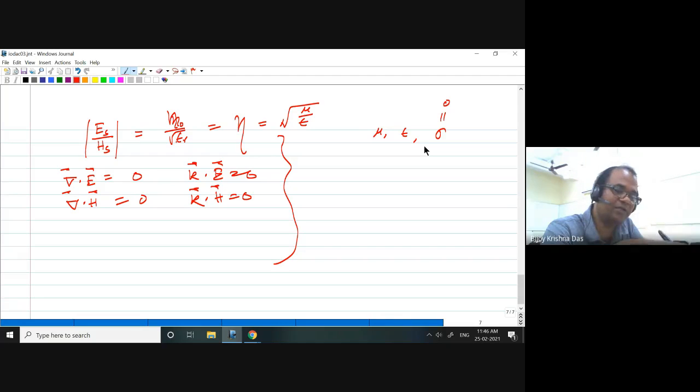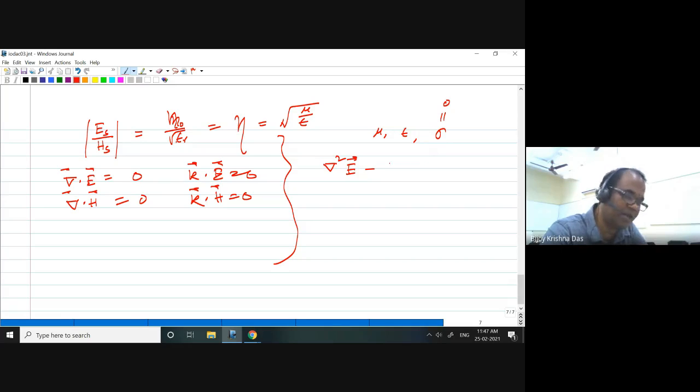In that case, when sigma is there, the medium is called a lossy medium. Some loss and an attenuation factor will be there. If you consider sigma, epsilon and mu all together, and it is still a homogeneous medium, then your wave equation will not be that simple. You have to consider something like this.